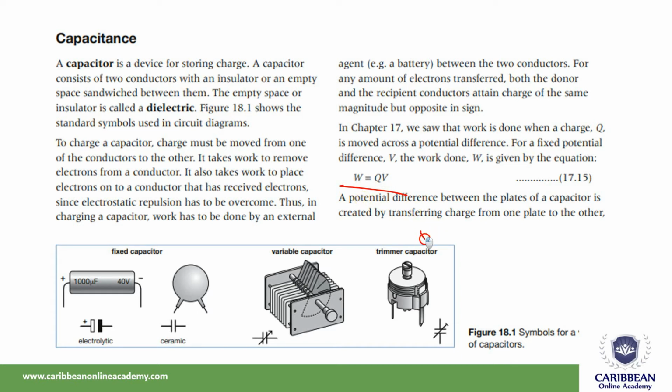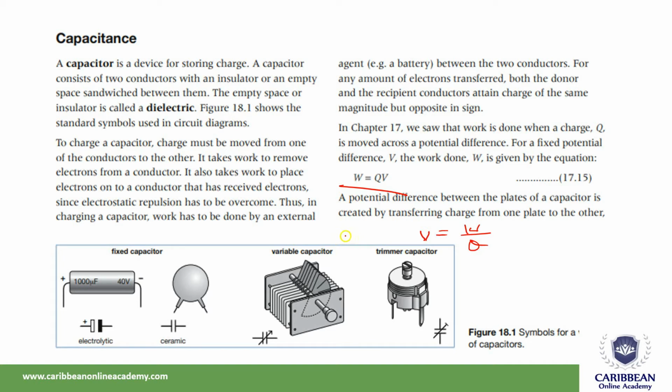If you can recall that potential difference V is equal to the work done divided by the charge, then by way of just rearranging this equation, we could have found the work that was done to move those charges from one plate to another plate. All right.